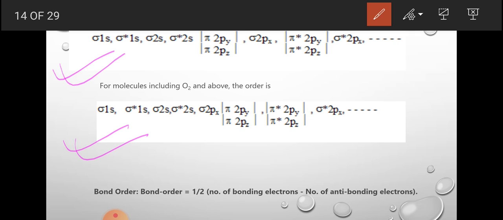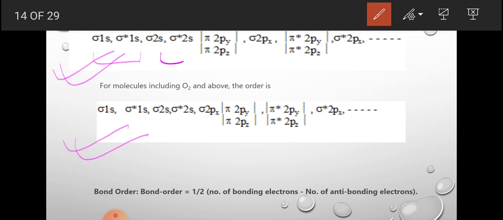There is a little difference. When I draw, I will show you what the difference is and why. First, learn this sequence. As you have learned 1s, 2s, 2p, the same is here. Only you have to enter sigma, as we are talking about bonding molecular orbitals. So sigma and sigma star, pi and pi star.